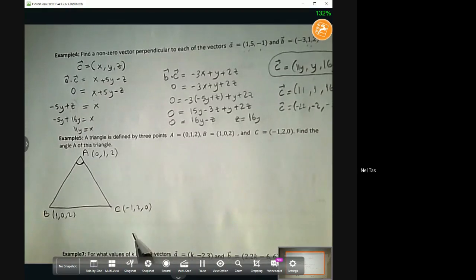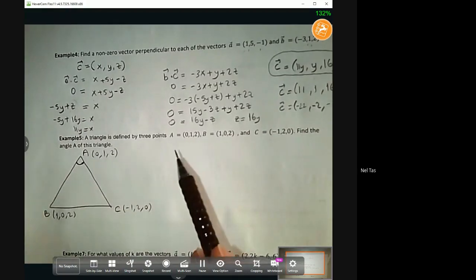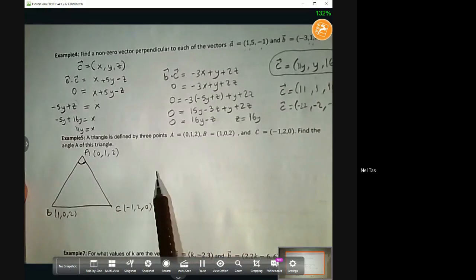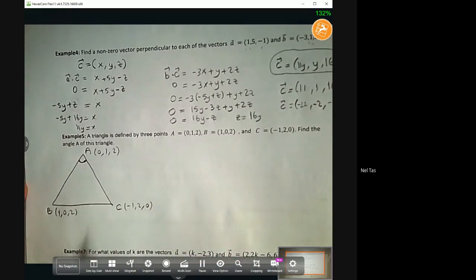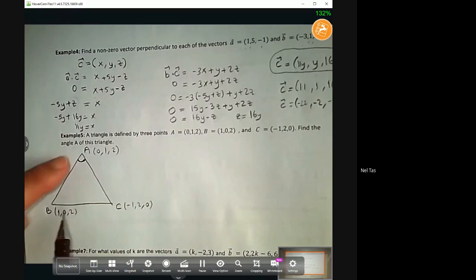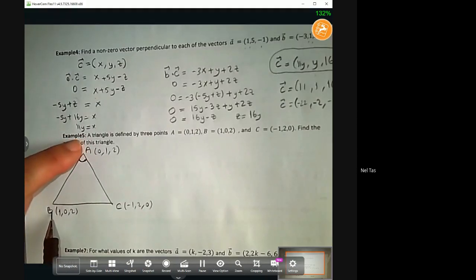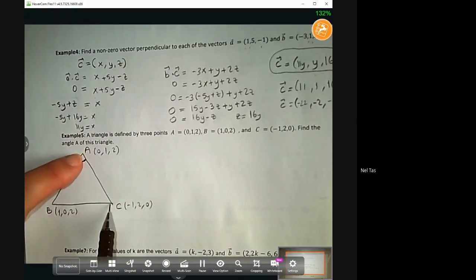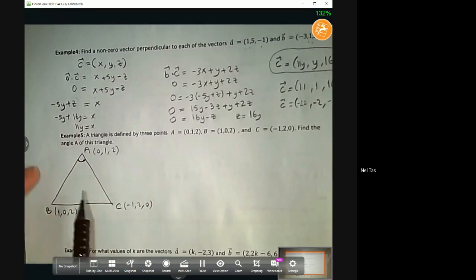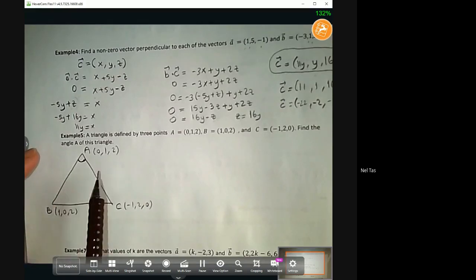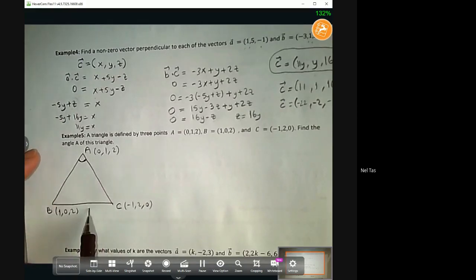So if you didn't know the dot product with algebraic vectors, that's how you would solve this question, right? You would find the AB vector, you would find the AC vector, and you would find the BC vector. Then, using those vectors, you could find the side lengths of this triangle.